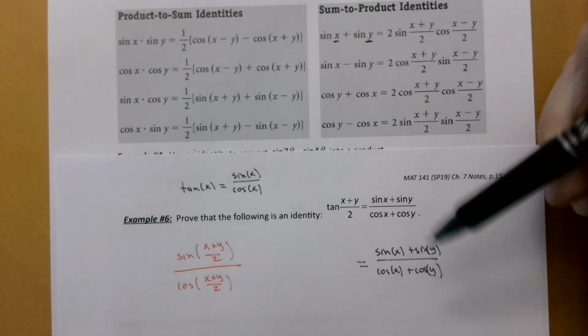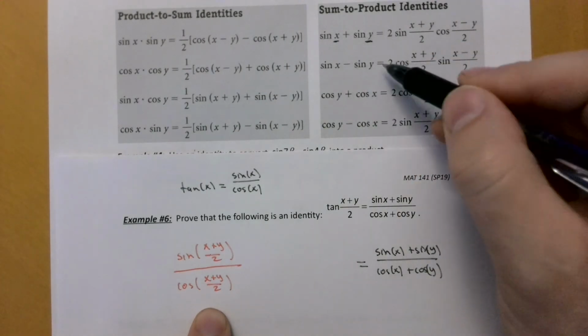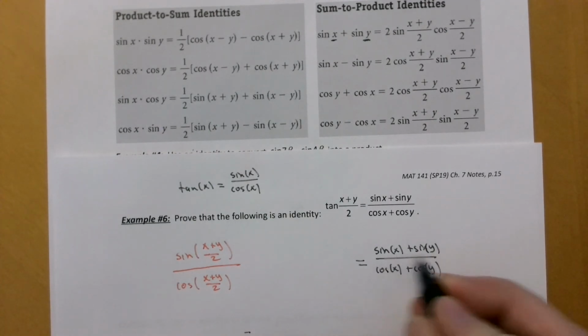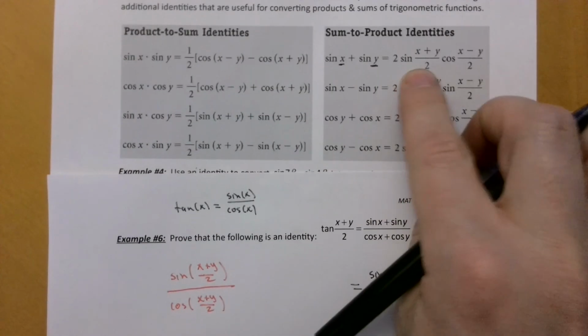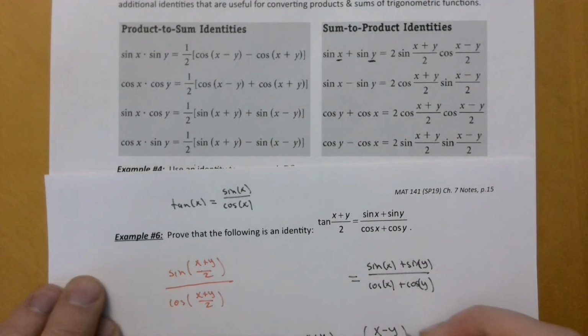Well, actually, now that I'm looking at this, I'm going to rewrite these in terms of these sum angles, and maybe I'll end up with this. Okay, my apologies. So I'm going to rewrite this sine x plus sine y. It's just exactly this, right? So it's going to become 2 sine of (x plus y)/2. Oh, look, there's that piece. And then this is cosine of (x minus y)/2.